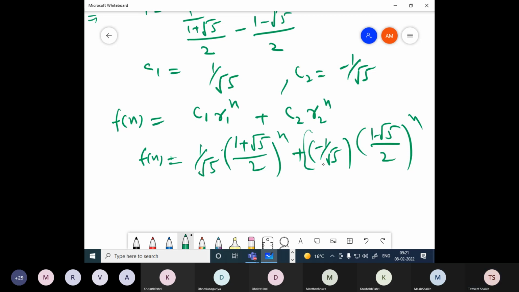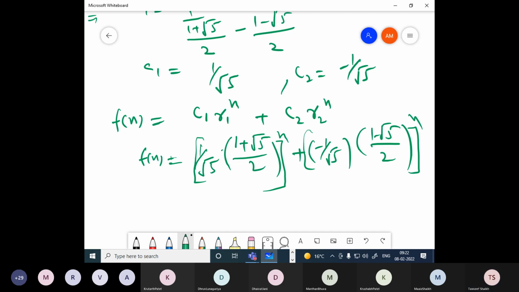That will be the final solution of such recurrences. This is pure mathematical, okay? Any doubt in it?